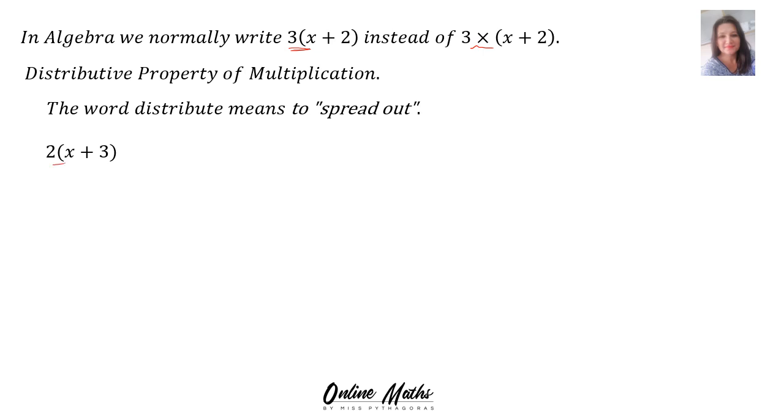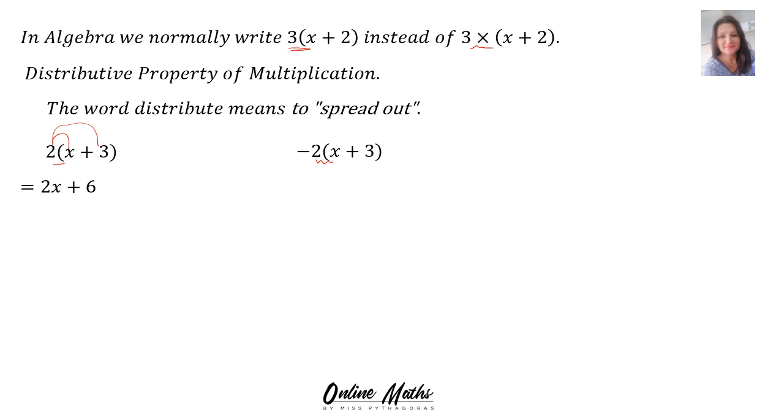And then what you're going to do is you're going to use the distributive property. So you're going to say 2 times x and 2 times plus 3. Therefore, it's 2x plus 6. This one. Now, it's a minus 2 that stands directly next to a bracket. No problem. We use the distributive property.